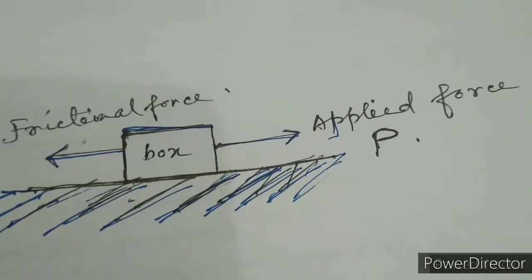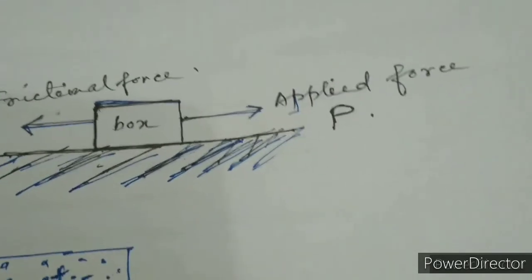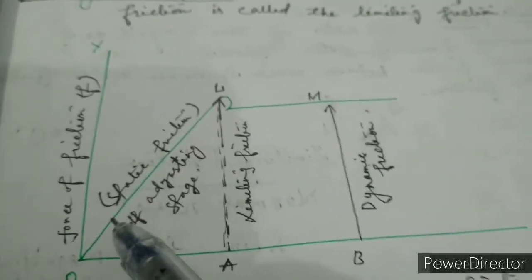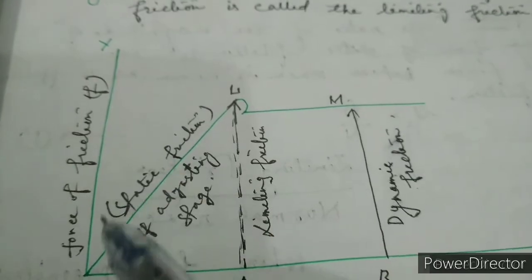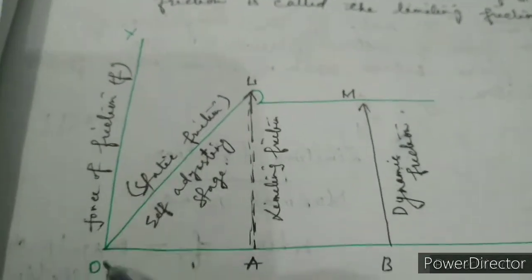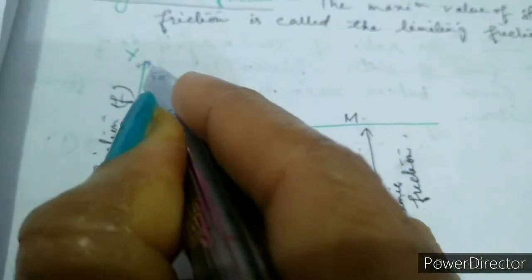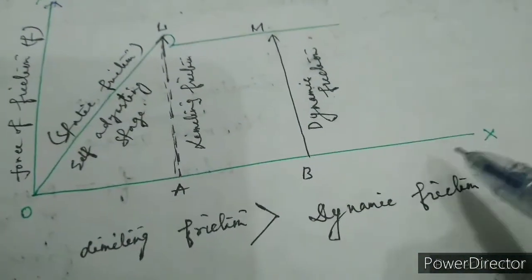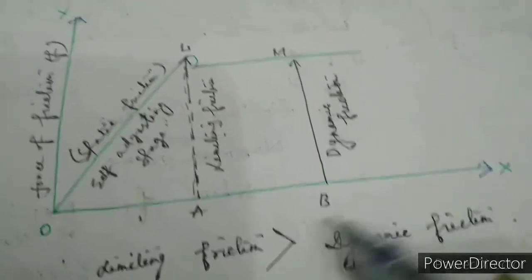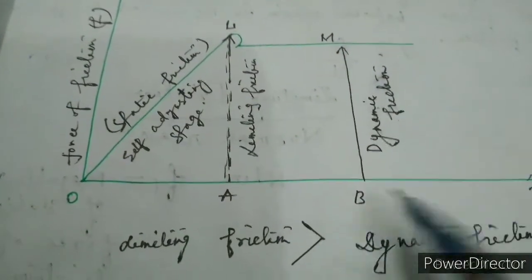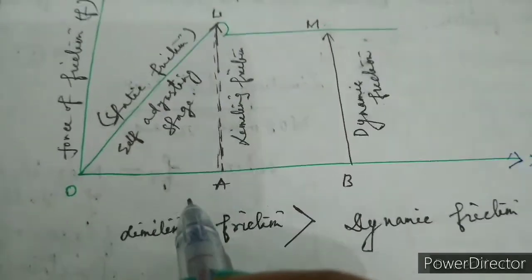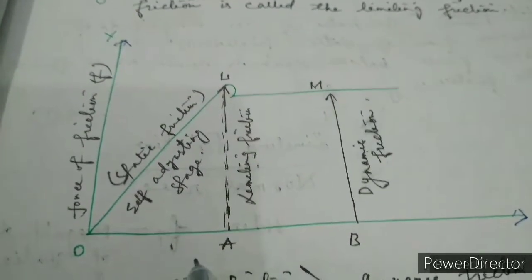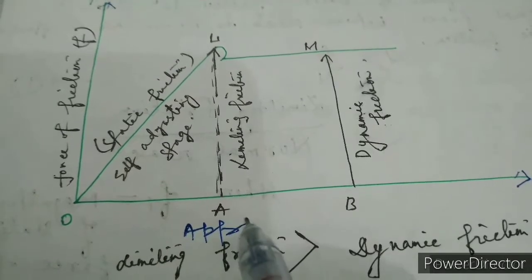Okay, now you can see that the figure will come in this way. See, this side in the graph is the force of friction, and this side, the x-axis, is the applied force.